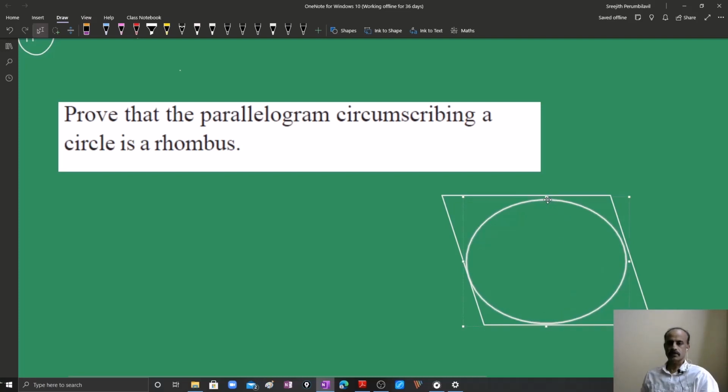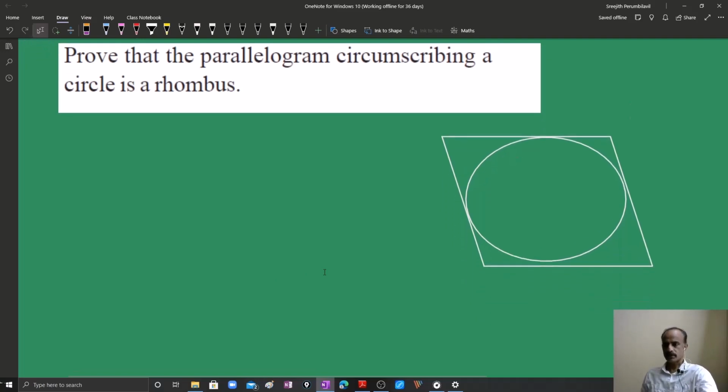The parallelogram is named A, B, C, D. It circumscribes a circle with center O, and the circle touches the sides at the points P, Q, R, and S.